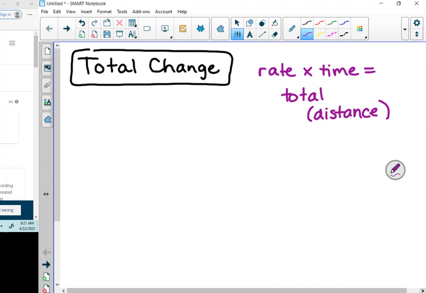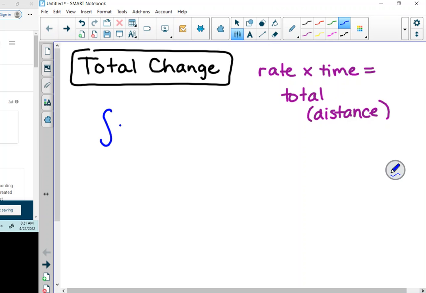We do total change problems using calculus when we have a changing rate, something that's not a constant rate, in order to take individual different rates times individual different times and add up all those little amounts. That's what takes the integral.